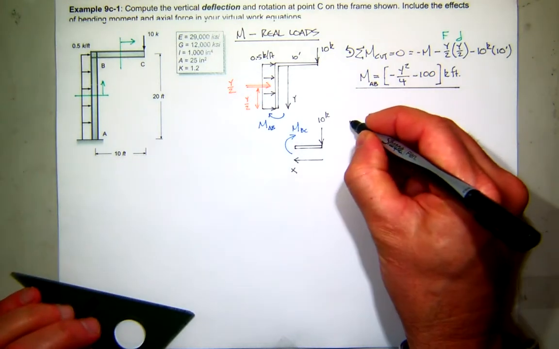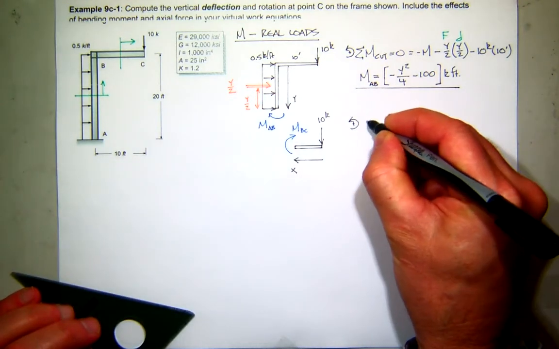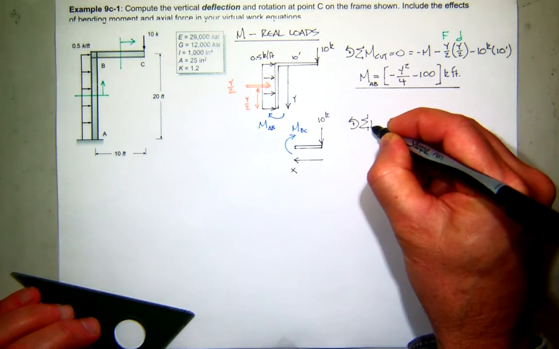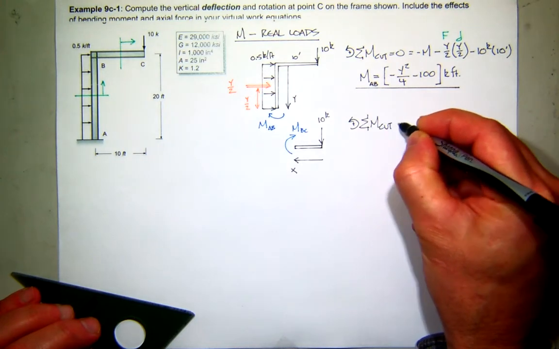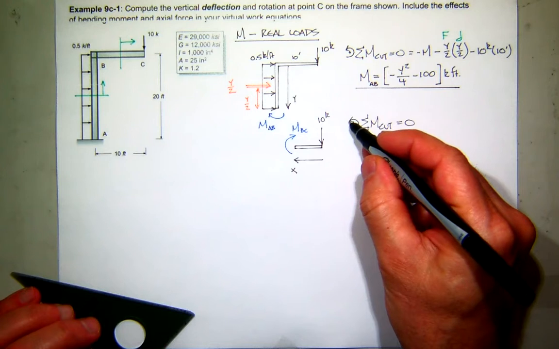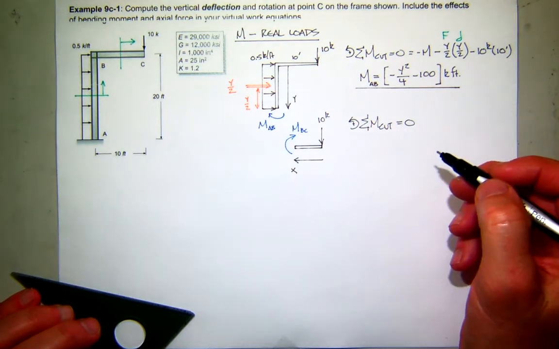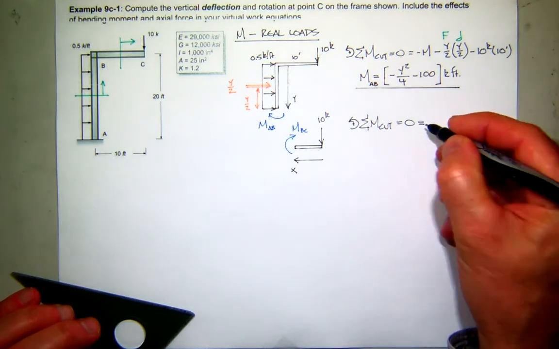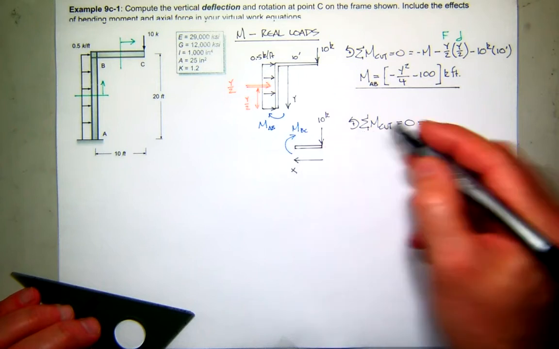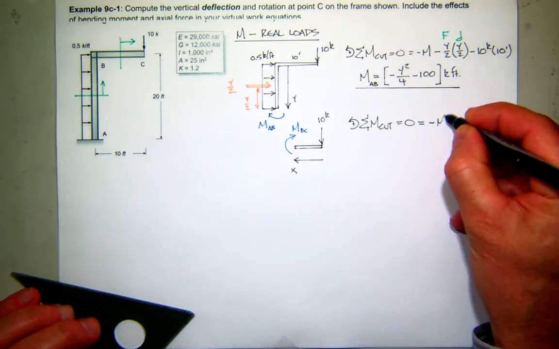So now I'll sum moments for that at this cut surface. Right-hand rule for sign convention, equilibrium equal to 0. And let's see what I've got. I've got my internal moment, which on my sign convention is negative.